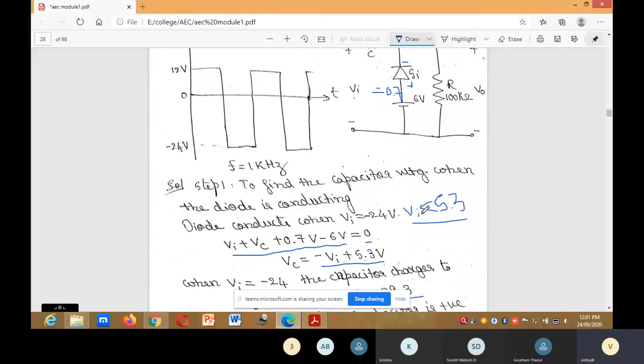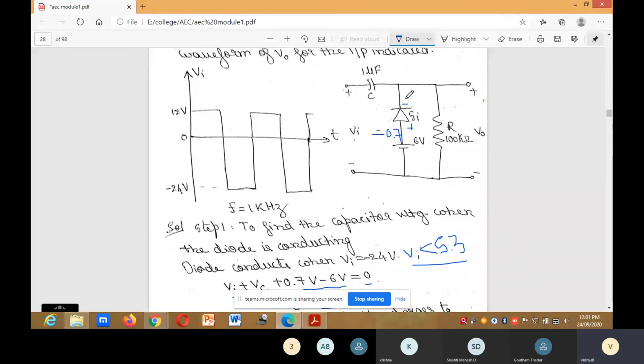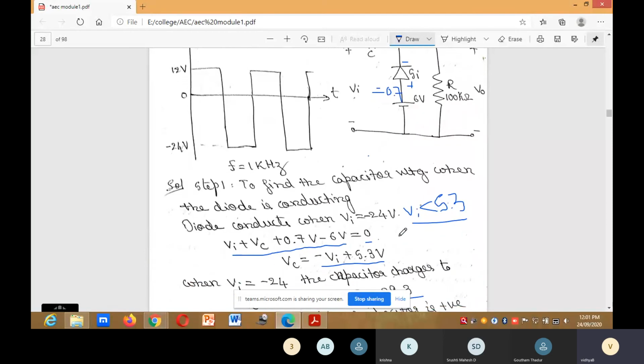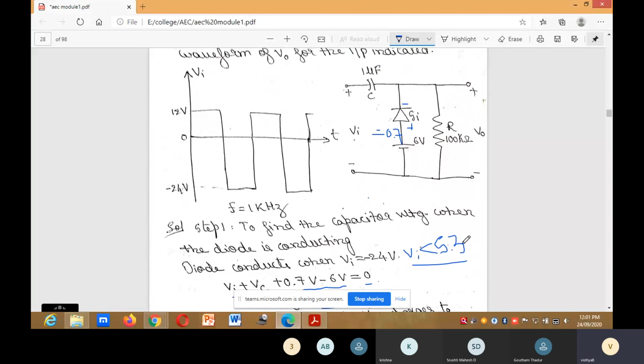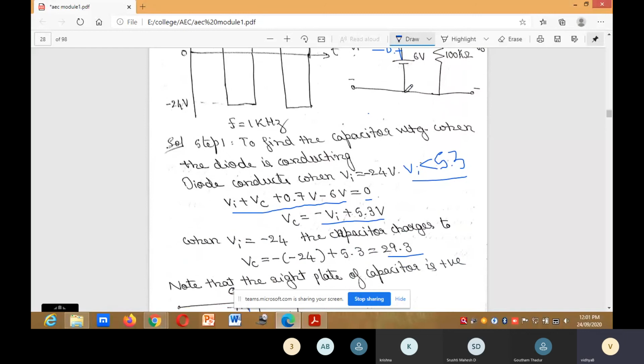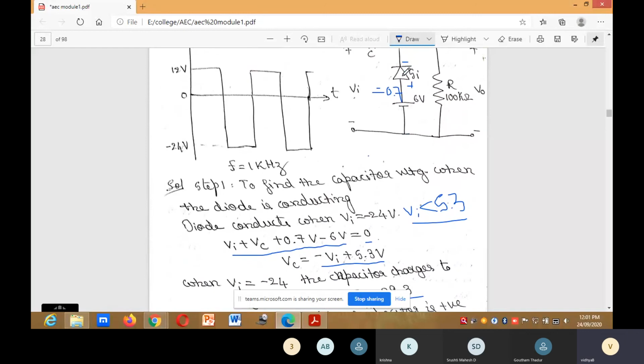That is where this value comes from. The diode conducts during the negative cycle. That means in the negative cycle this is the condition, because only when Vi is less than 5.3 will it conduct. When it conducts, it becomes forward biased.